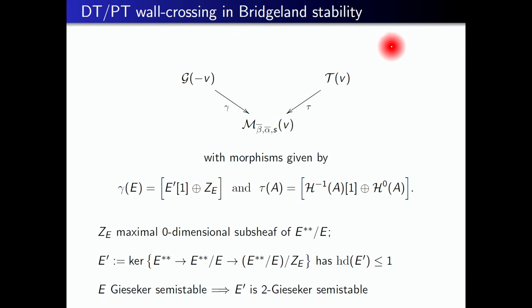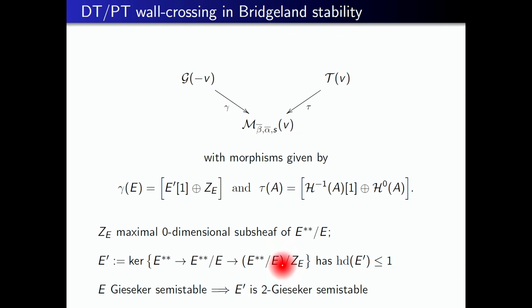And on this other side is the PT moduli space, the curly T. Now, these morphisms are given as follows. So, starting with a Gieseker semistable sheaf E, you produce these sheaves E prime and Z_E. Right? Z_E is the maximal zero-dimensional subsheaf of this quotient. Right? And E prime is the kernel of this thing here.